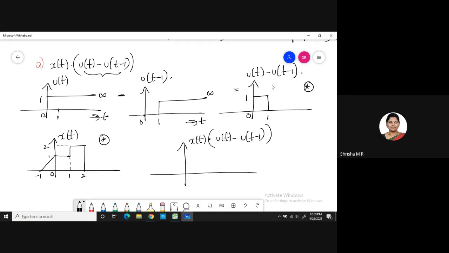In u of t minus 1, after instant 1, it is 0. 0 multiplied with this is 0. And here also you have 0 for negative values of u of t minus 1. So that 0 multiplied with this waveform is 0 only. So your overlapping space is just from 0 to 1, with an amplitude 1.